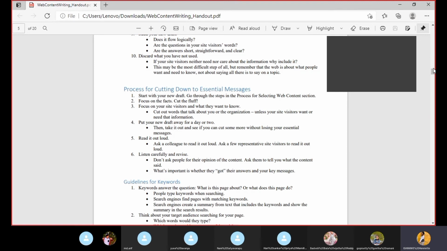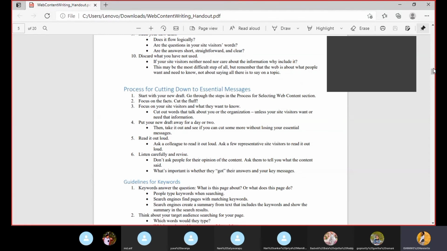Of course not. So here you cut out what talks about the organization, unless your visitors might be interested. If they're interested, you can put in information about your organization. But I think mostly the visitors want the content, not the information regarding the organization. But in case they want that information, it's okay. You can put it on your website.